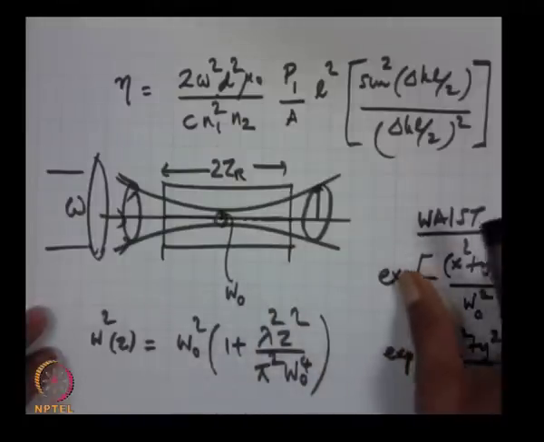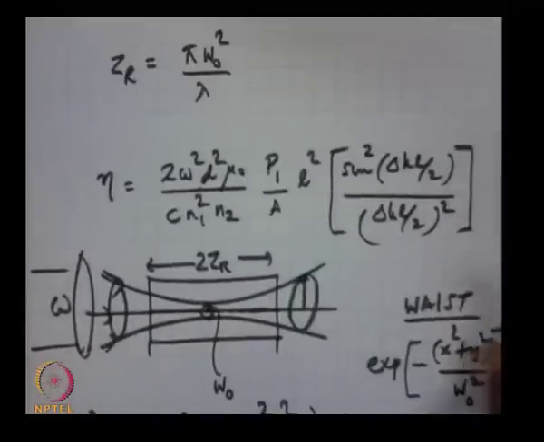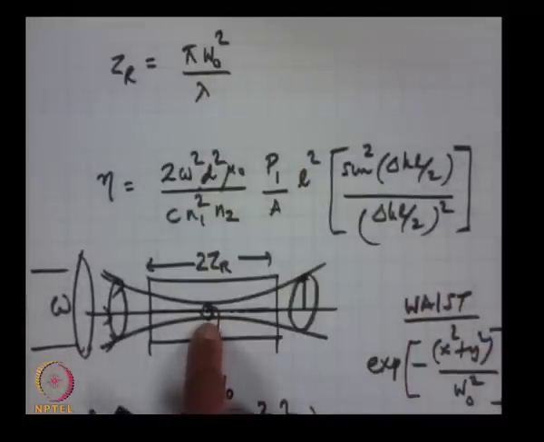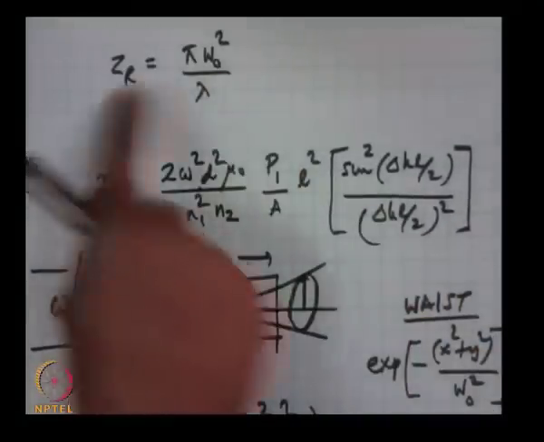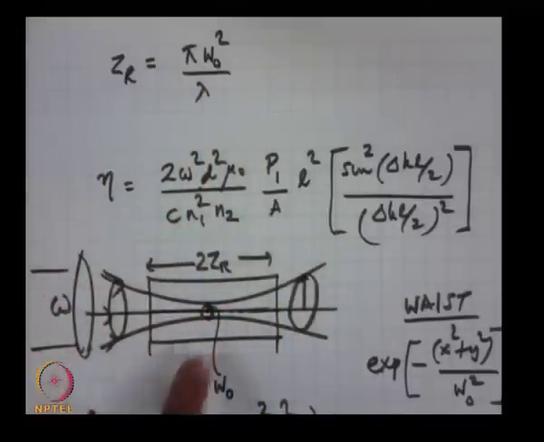Because if I choose a certain W0 value, the ZR value gets fixed by W0 and the wavelength. If I choose a smaller W0, that means I focus more, and ZR will reduce. If I focus less, I can have a longer length of interaction. So the length of interaction and the area of cross section of the beam get coupled to each other. They are not independent quantities now.